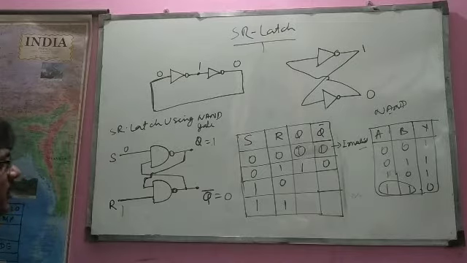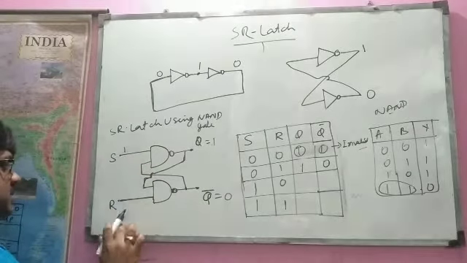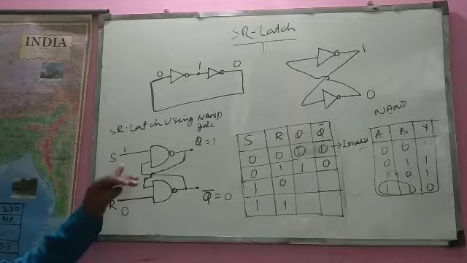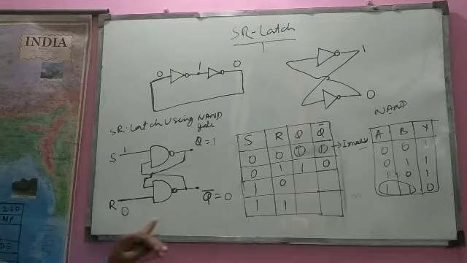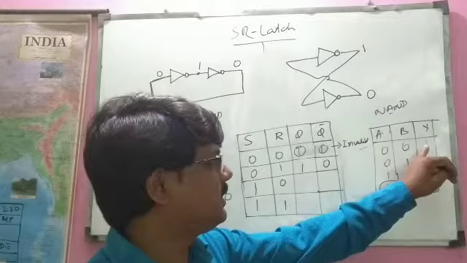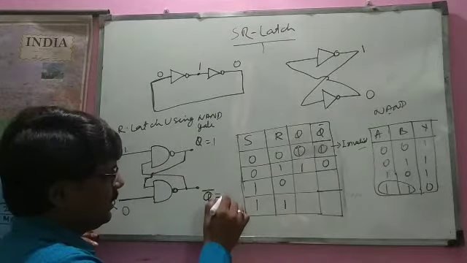See, if it is 1 and it is 0, what will happen? Since if one of the inputs is 0, its output will be 1, so it will get changed to 1.